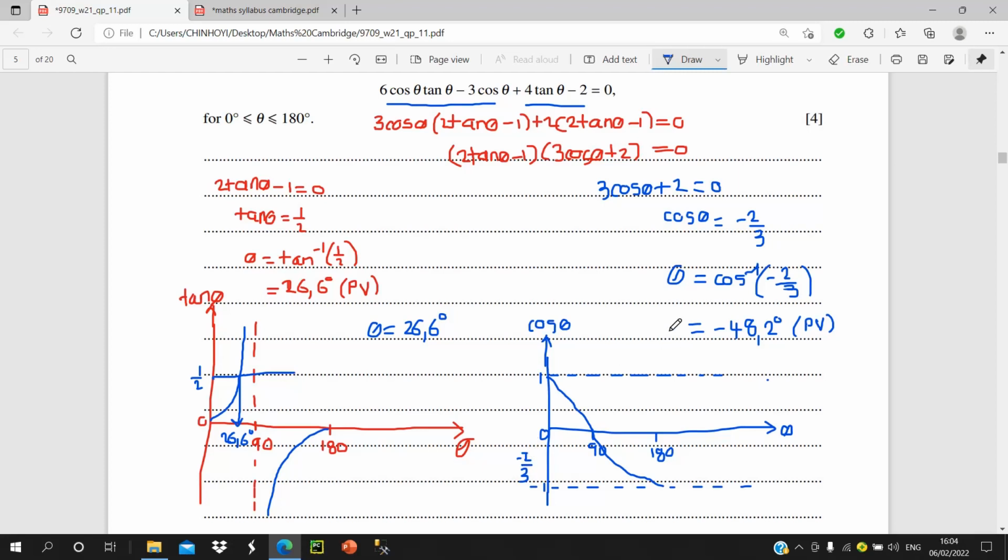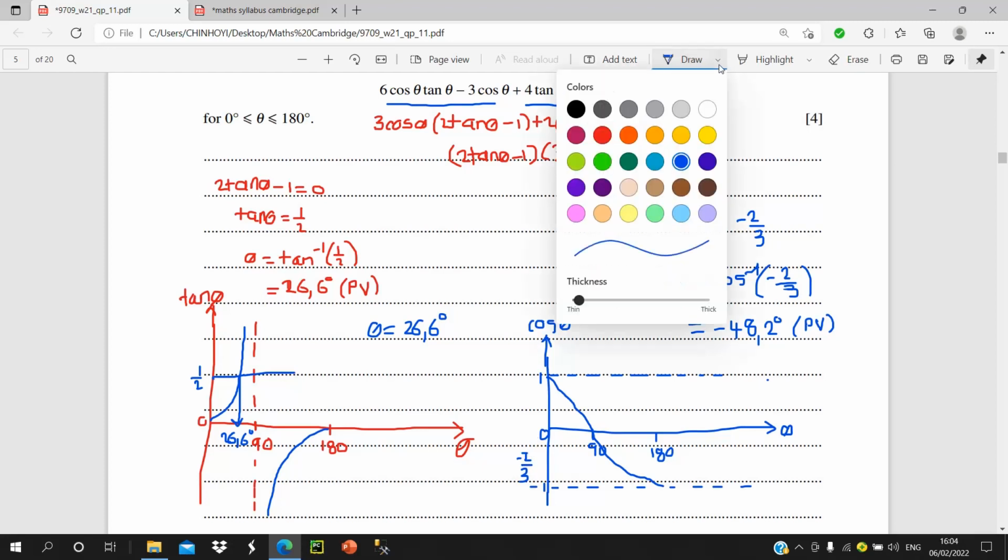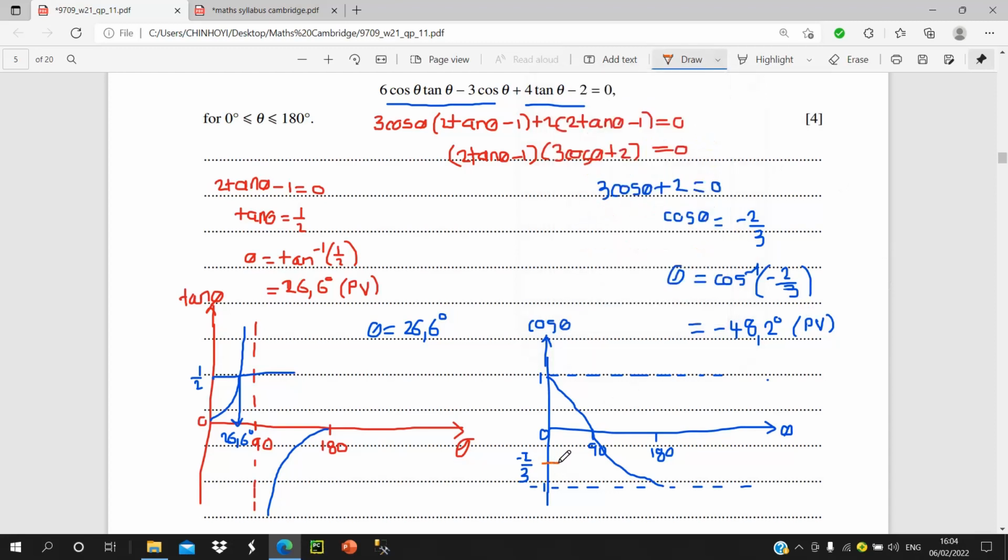If we draw the horizontal line so that we can identify the solution in the given range, we are going to see that if -2/3 is here, our solution will be at this point.